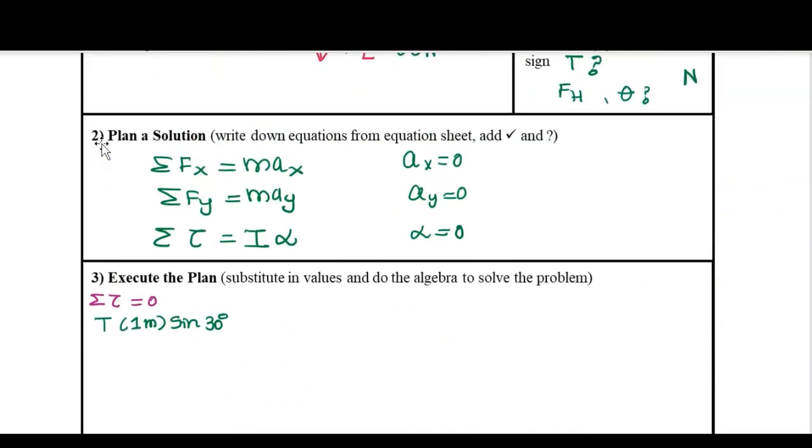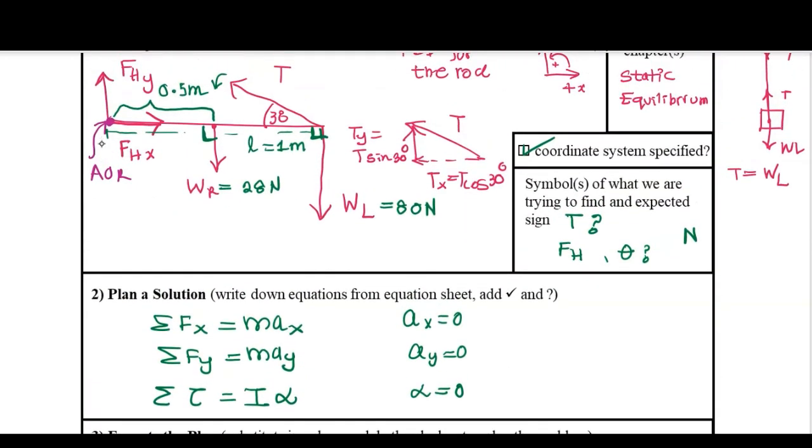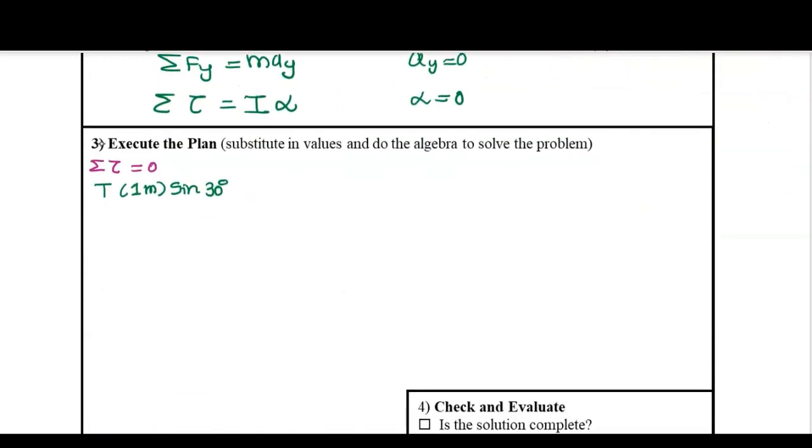1 meter is the distance, times T sine 30, and then the next force that is producing a torque about the axis of rotation is the load. It's going to create a clockwise rotation. From our sign convention, we know that the clockwise torque is negative. So weight of the load times 1 meter is the distance, sine 90 degrees.